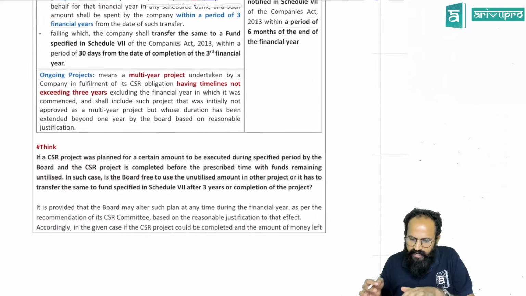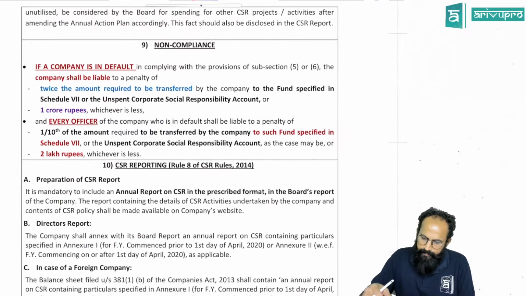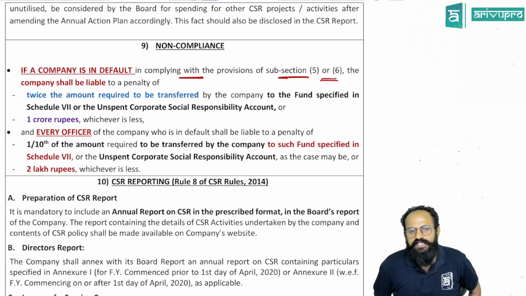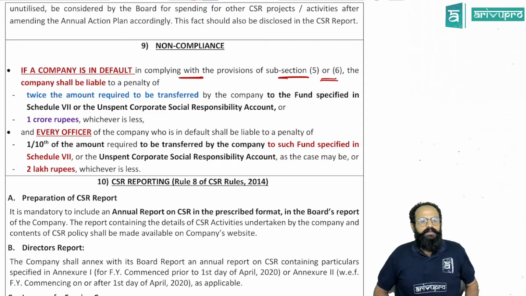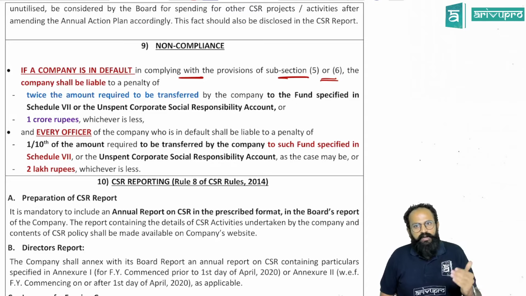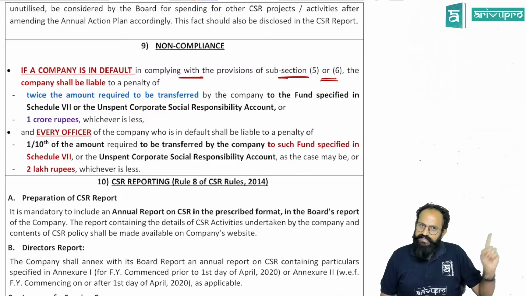If a company is in default with provision of subsection 5 or 6, meaning subsection 5 says I have to spend some amount, subsection 6 says if I have not spent the amount, I have to transfer that to Schedule 7. If I have not complied with 5 or 6, this is the penalty.